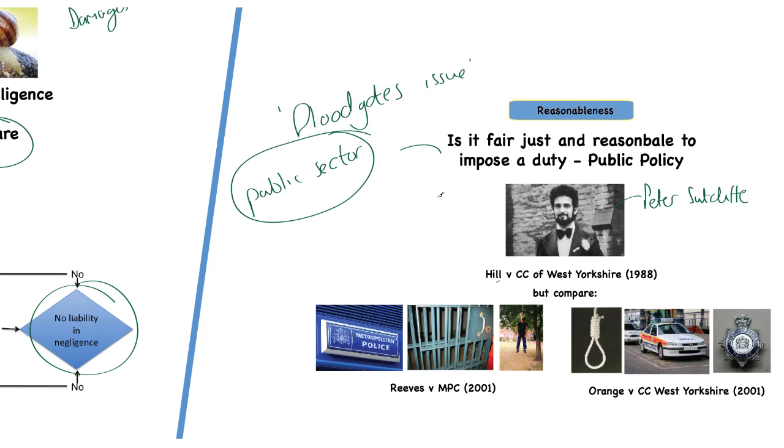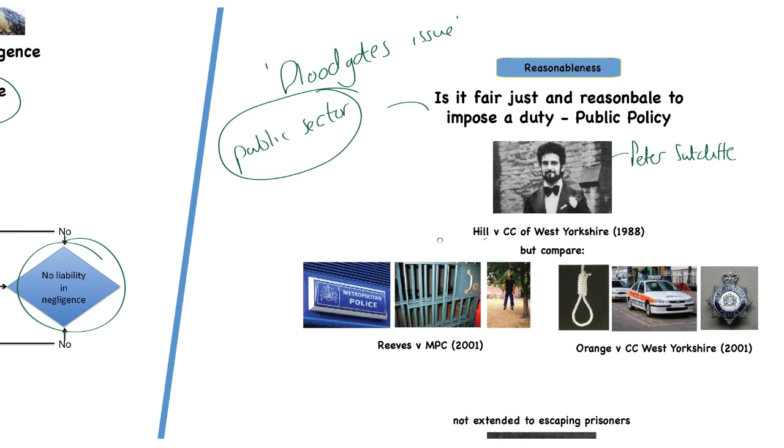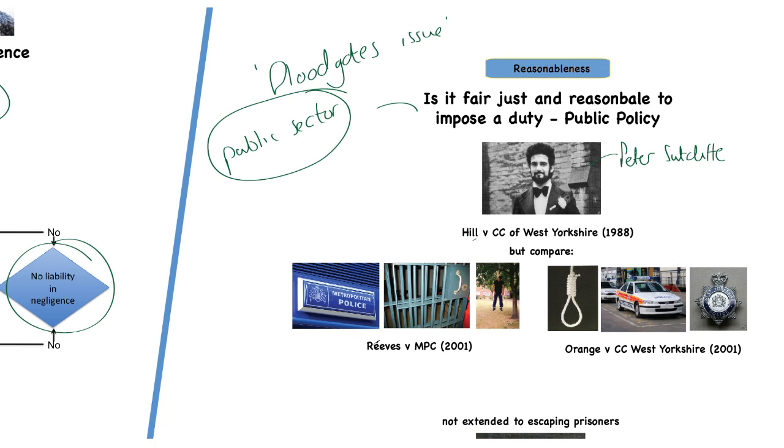But that doesn't mean to say that the police have an automatic get out of jail free card, if you excuse the pun. There are cases in which duty of care can be imposed on the police force, and we can look at these two cases. The first is Reeves versus the Metropolitan Police Commissioner.